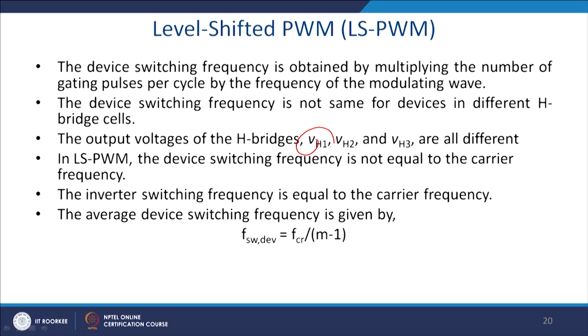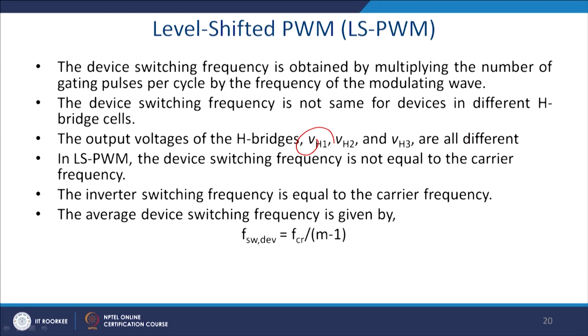In the case of this level shifted PWM, the device switching frequency is not equal to the carrier frequency, and the inverter switching frequency is equal to the carrier frequency. The device switching frequency will be given by f_cr divided by (M minus 1).